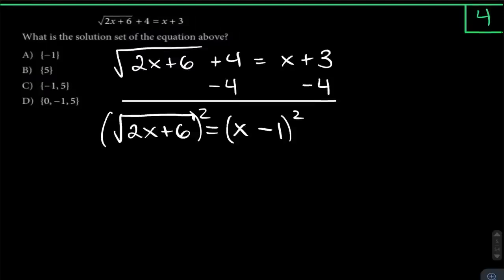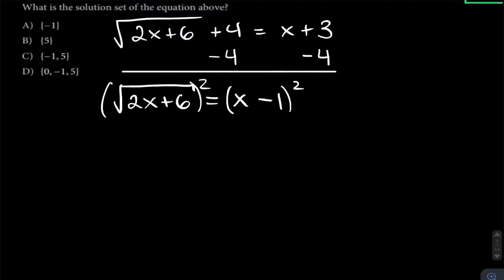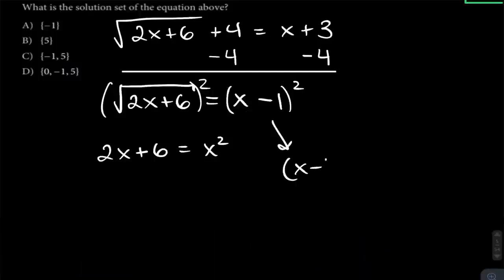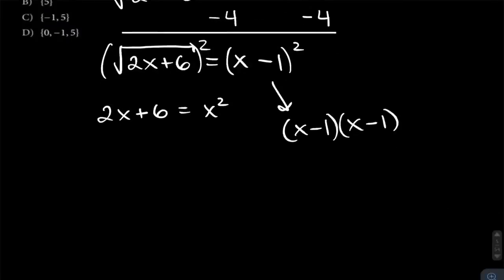And when we do that, we end up getting that 2x plus 6 equals x squared. And it's really nice, guys, seriously, it's going to save you a lot of time if you don't have to expand this every time, if you don't have to write x minus 1 times x minus 1, and then expand it, doing x squared minus x plus 1, and then writing x squared minus 2x plus 1.